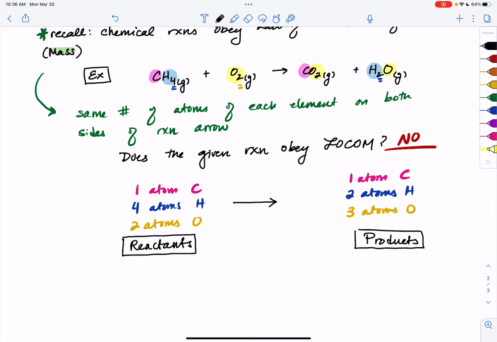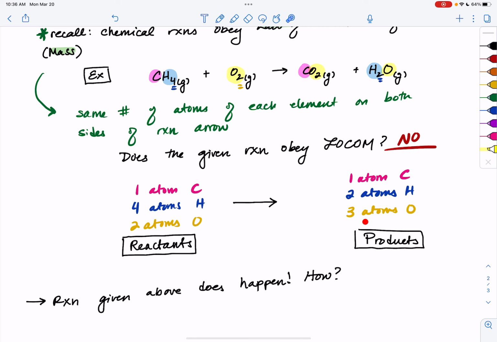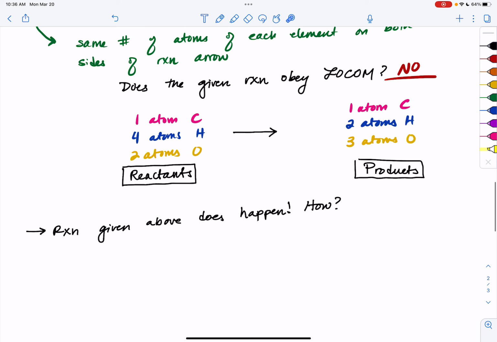Now, I'm going to make a statement here. The reaction given above does indeed happen, meaning I can combust methane. So how is it that this reaction can happen if I'm not obeying my law of conservation of mass?